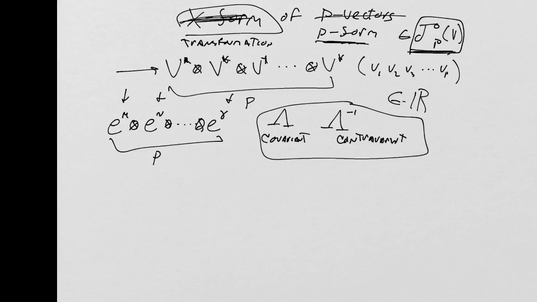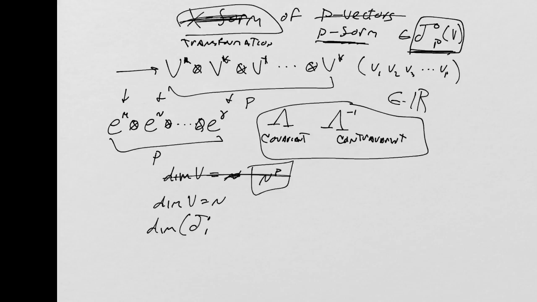If the underlying dimensionality of V is n, then the dimensionality of T(0,p) is going to be n to the p power. So that's a lot of choices.